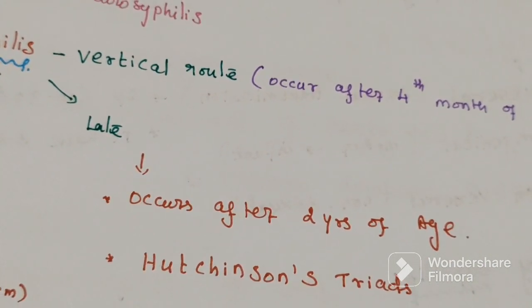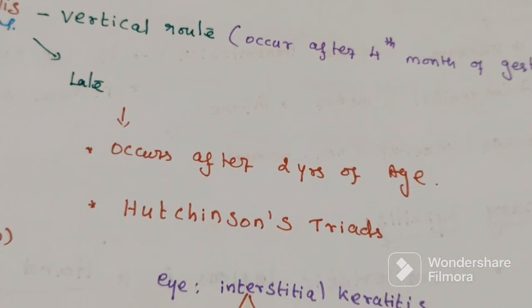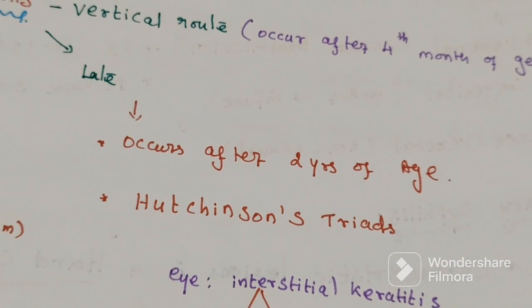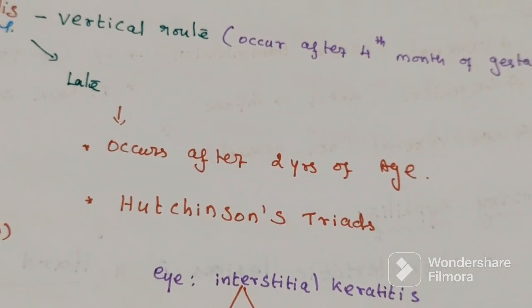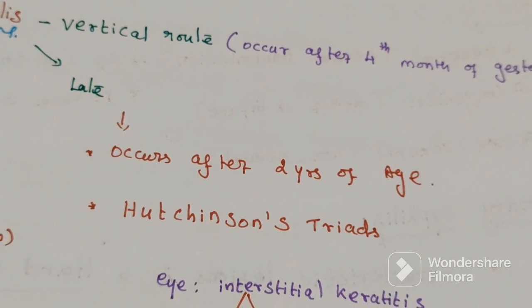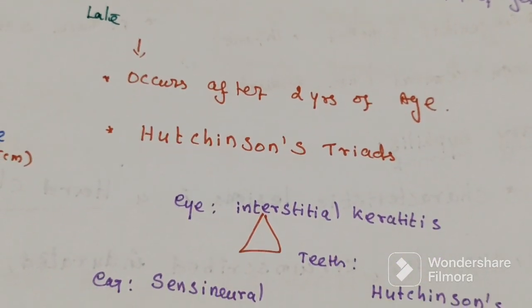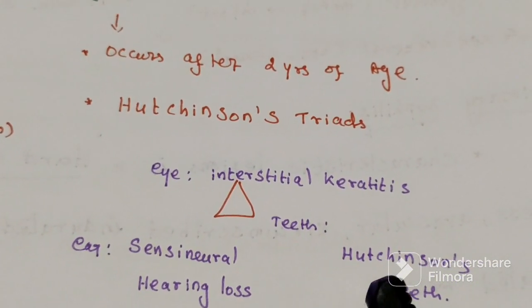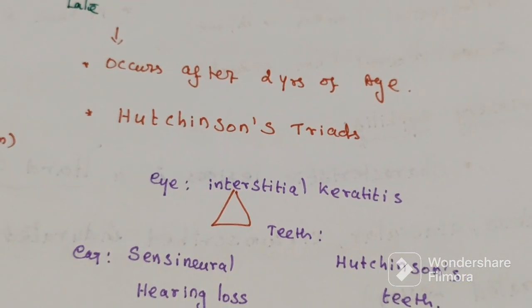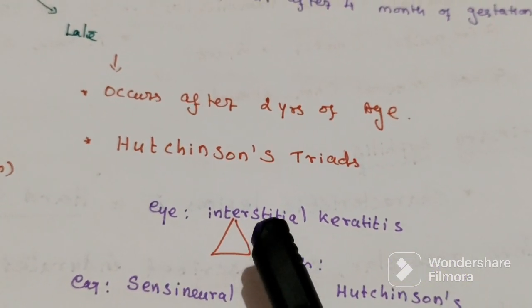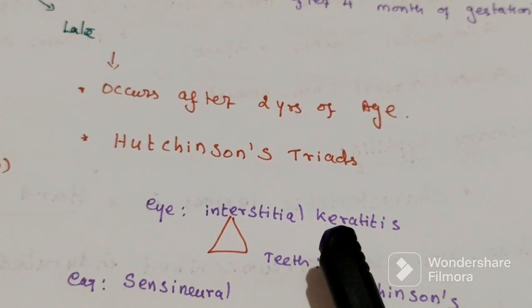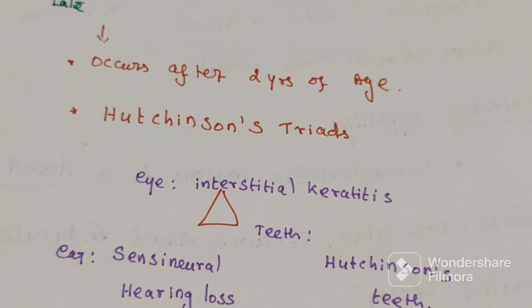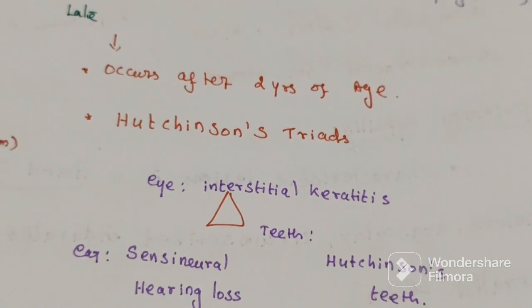The characteristic is Hutchinson triad: interstitial keratitis, sensorineural hearing loss, then Hutchinson teeth.